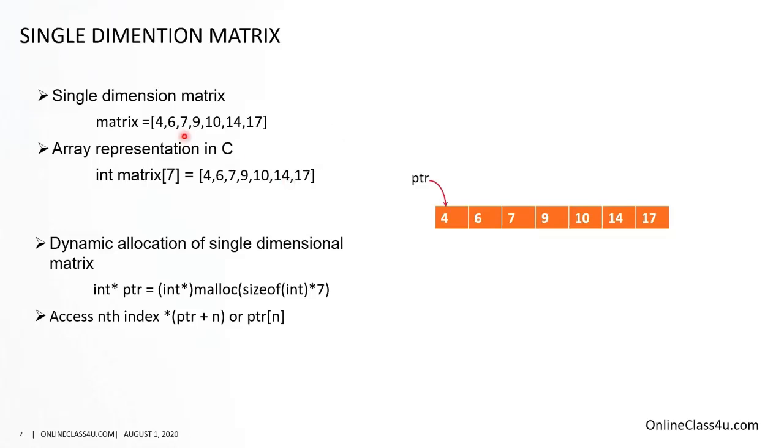So the first statement, we represent our matrix. There are 7 elements: 4, 6, 7, 9, 10, 14 and 17. So using an array, we can represent it like this. We are considering it's an integer type matrix, int matrix, and there are 7 elements, 4, 6, 7, 9 and till 17.